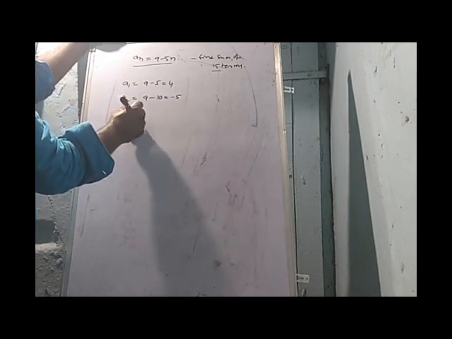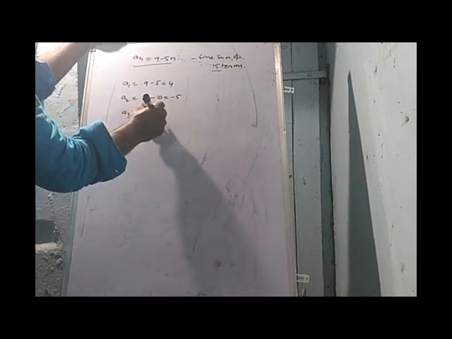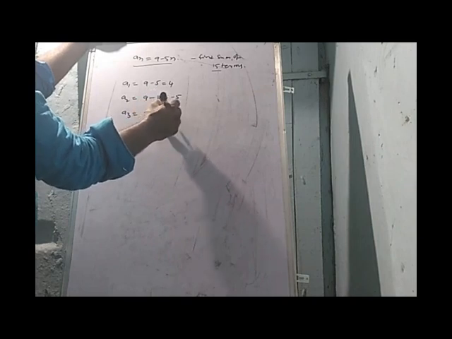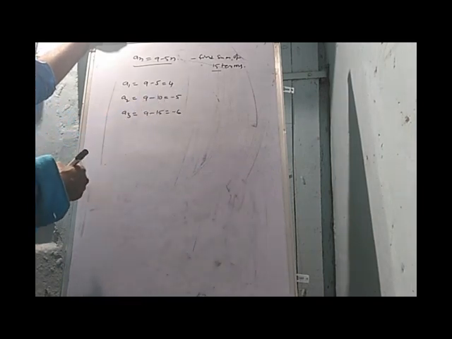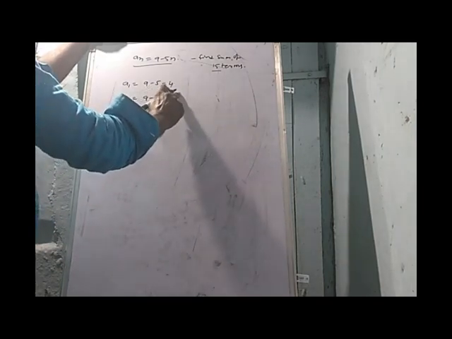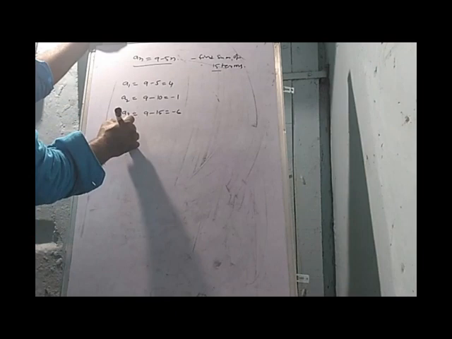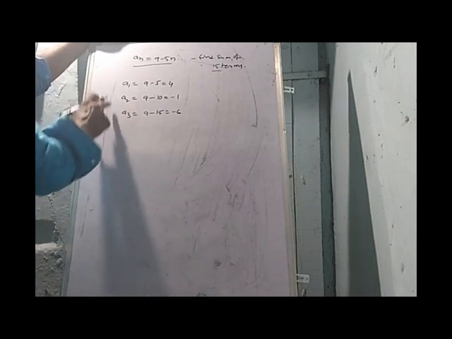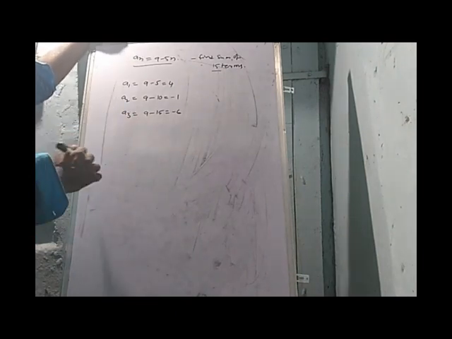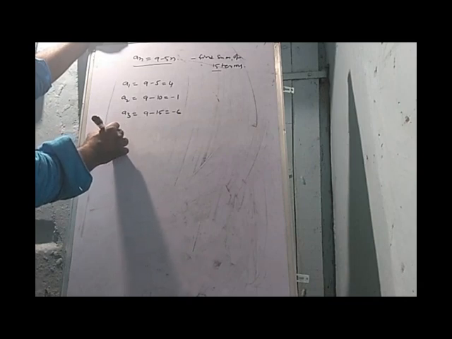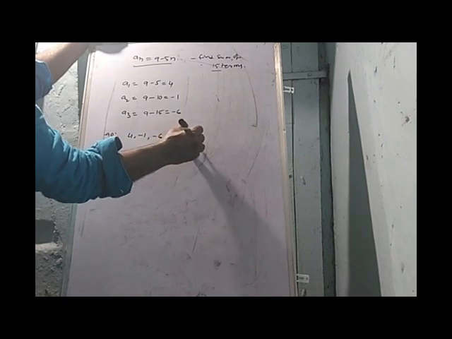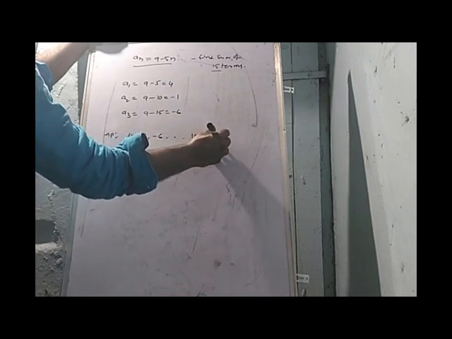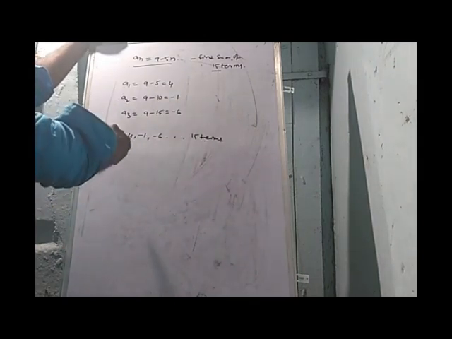Next a3, here 9 minus 15 is equal to minus 6. We need only 3 terms for a and d. The AP series is 4, minus 1, minus 6, and so on up to 15 terms. We need to find the sum of these 15 terms.